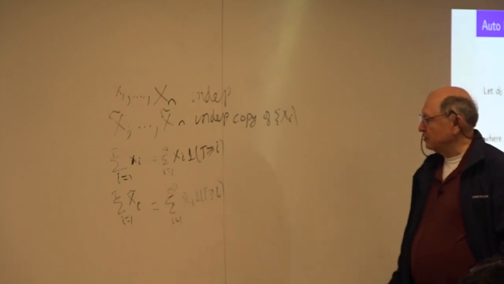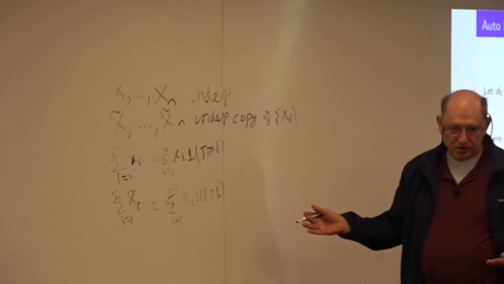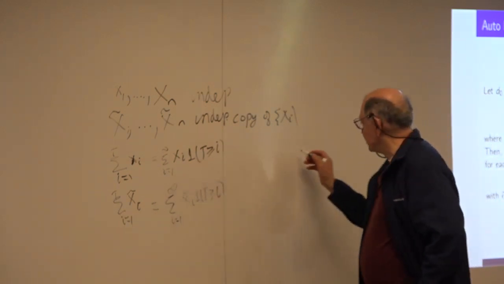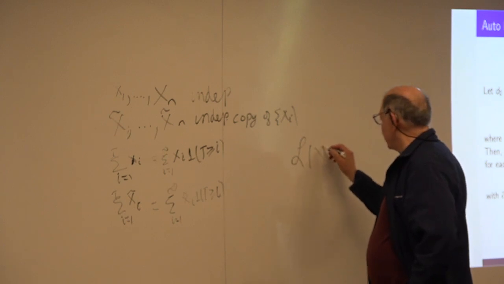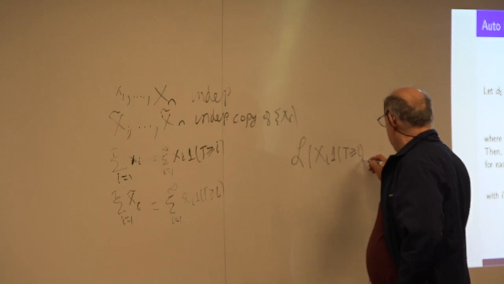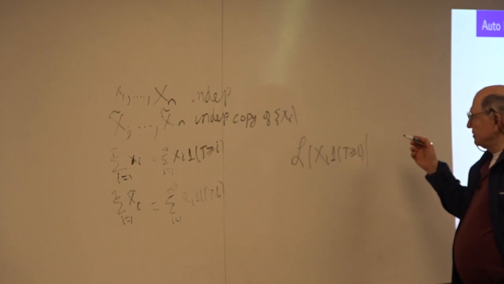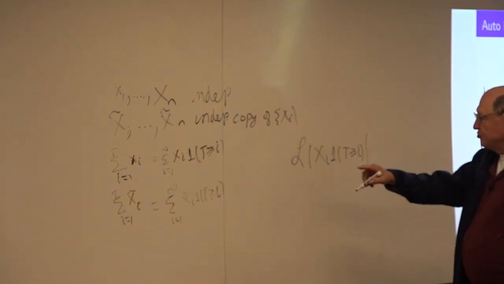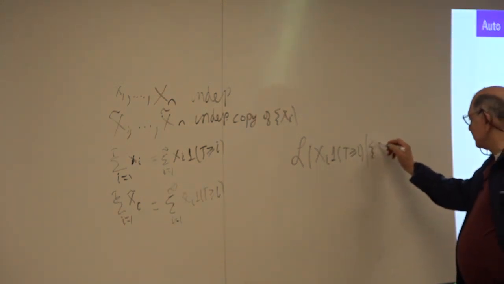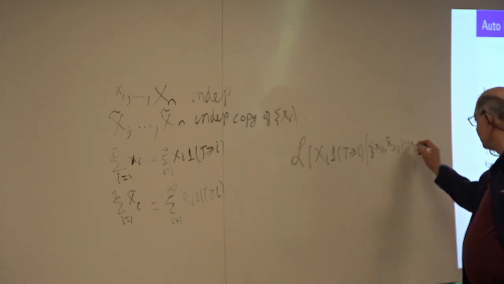Okay, now, which ones are the tangent variables? You see the conditional distribution of x sub i times the indicator that t is bigger than or equal to i, given the sigma field generated by the x sub j's and the x sub j tildes for j going from 1 up to i minus 1.